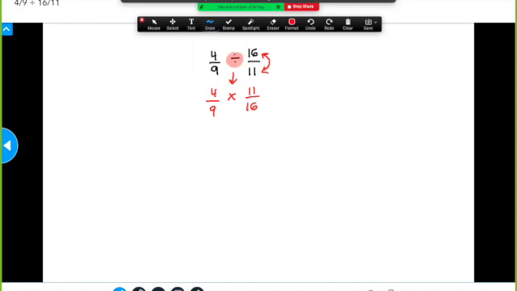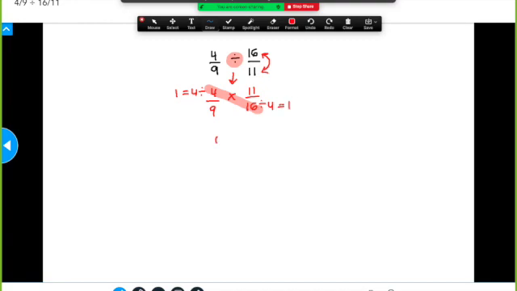Then I want to see if there's anything I can simplify. So I know that with 4 and 16, I could divide both by the number 4. 4 divided by 4 equals 1. 16 divided by 4 equals 4.